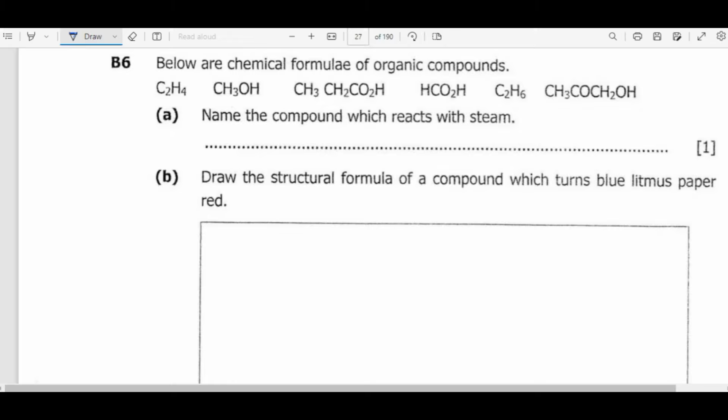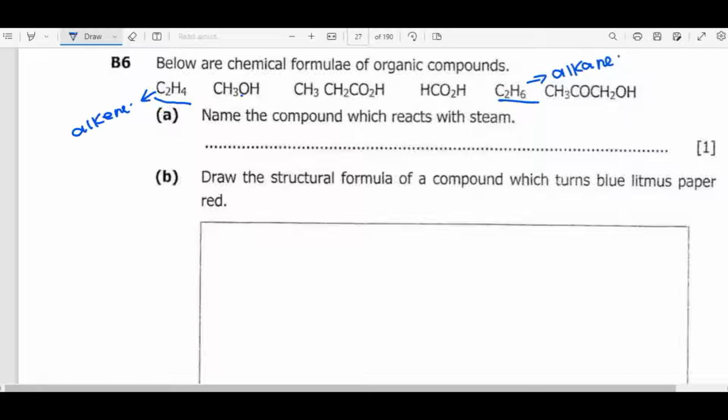Then we have to know the families from which these organic compounds come. Alright, so if you look at the first one and this one, one is an alkene and the other one is an alkane. The one with more hydrogen is an alkane. Then the one with less hydrogen, since the number of carbons is the same, is an alkene.